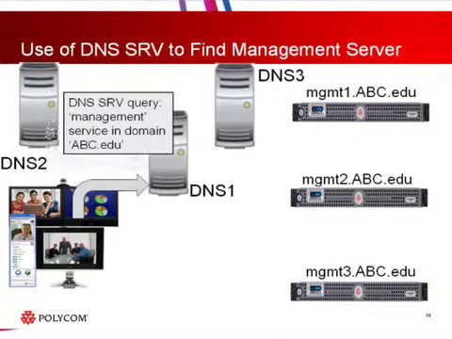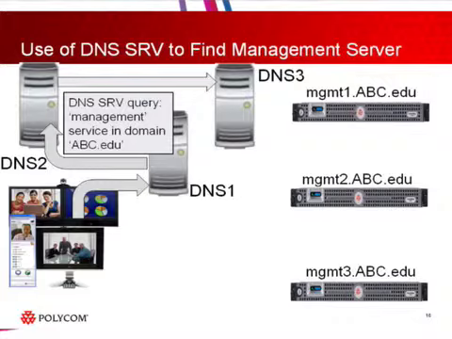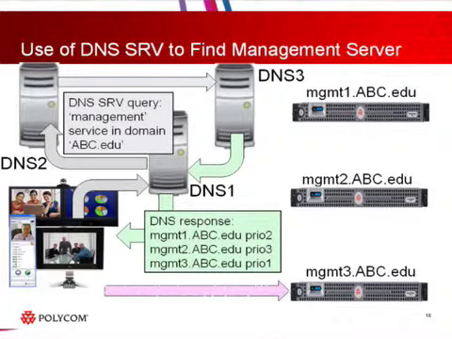Basically, you send a request, or the video endpoint automatically sends a request saying, I'm looking for a management application in the network, and that's my domain, the abc.edu in this case. And then the DNS servers send back a list of management servers and assigns priorities. And in this particular example, the first priority is the management server number 3.